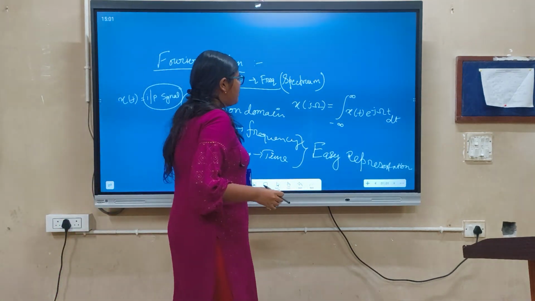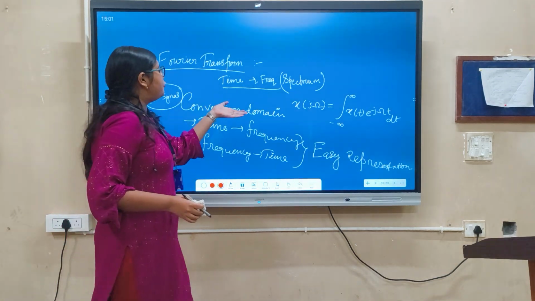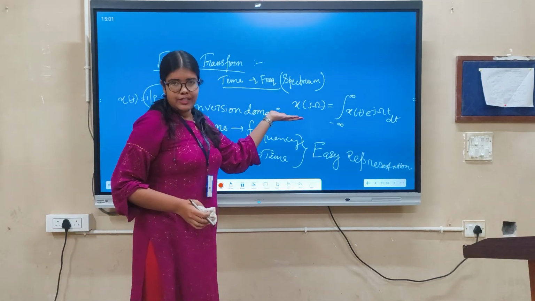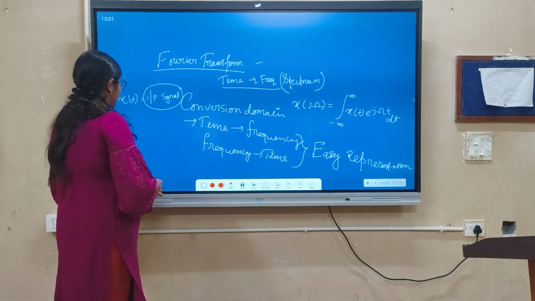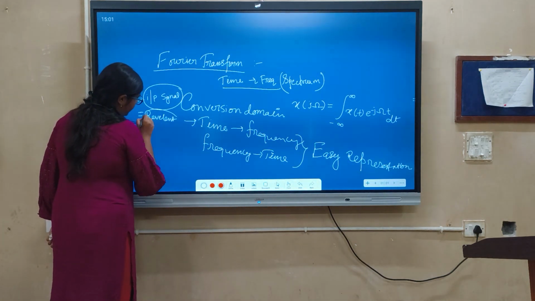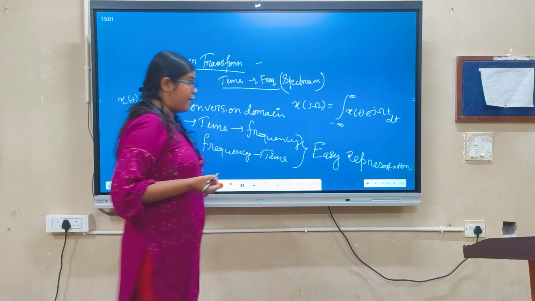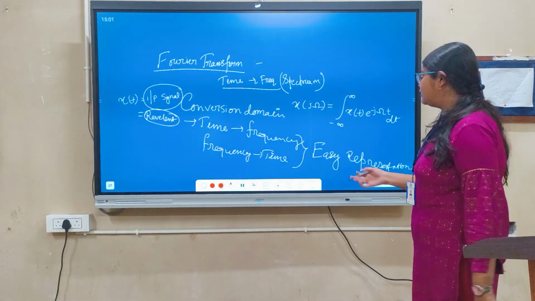That means when we are talking about the transformation, Fourier transform helps to convert the time domain to frequency domain response. So that is the input, or we can say the relevant signal, which we have to convert to the frequency domain.